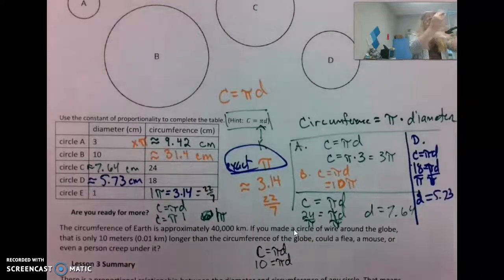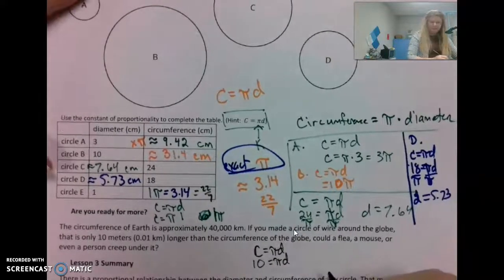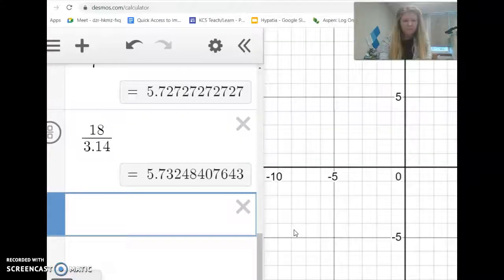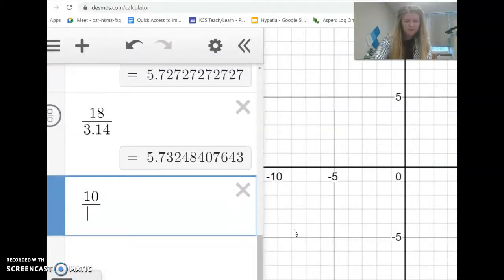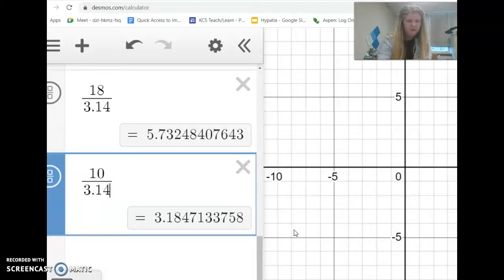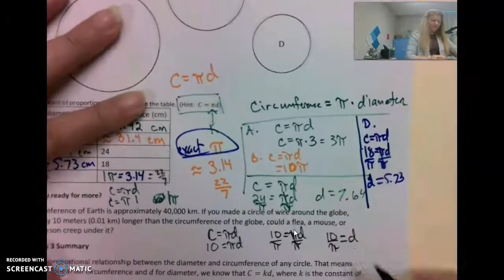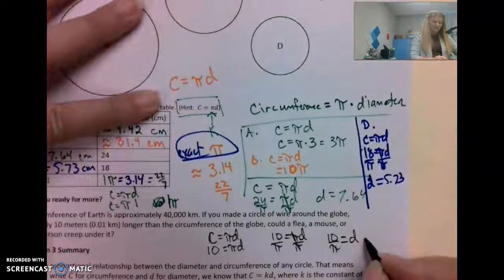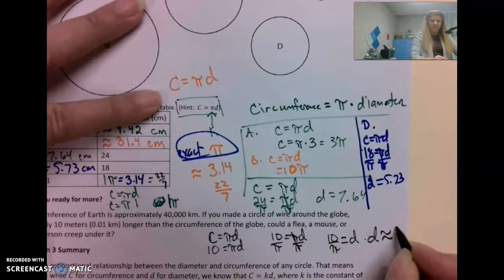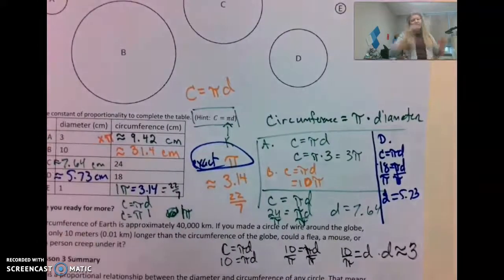How much space is that going to give us? 10 divided by 3.14. So that's a little over 3, 3 meters. So the diameter is approximately 3. We have added 3 meters to the diameter.